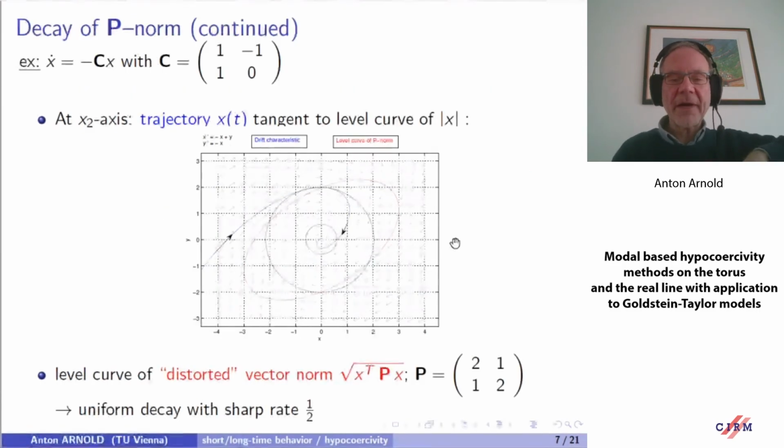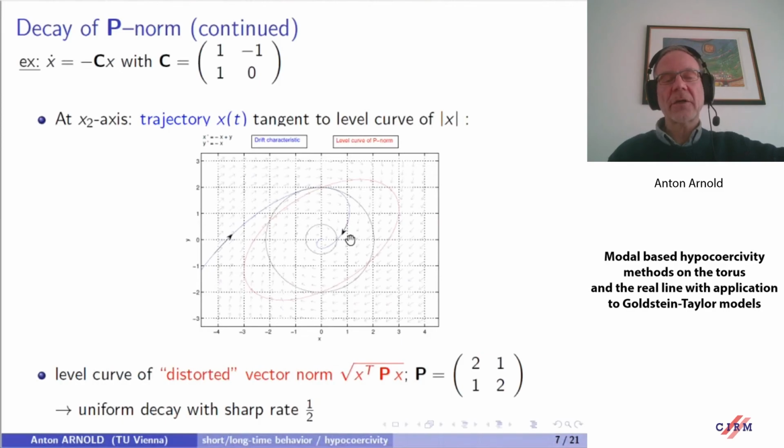Just a final remark on this ODE level, and I'm coming back to the very same example I've shown on my first page. So here I show you a picture in phase plane in a two-dimensional setting, and here I show you this blue spiral, which is one trajectory of this problem. So of course it spirals into the origin because the problem is asymptotically stable.